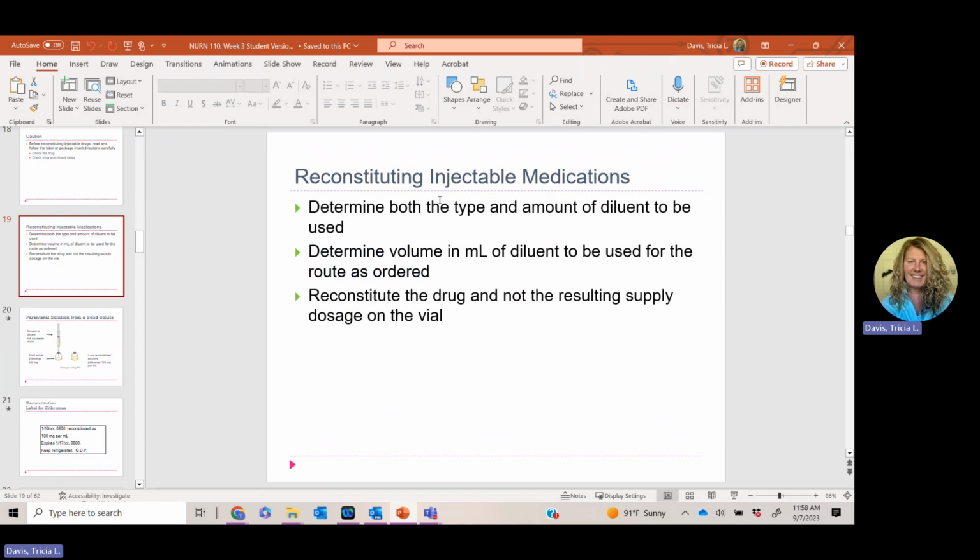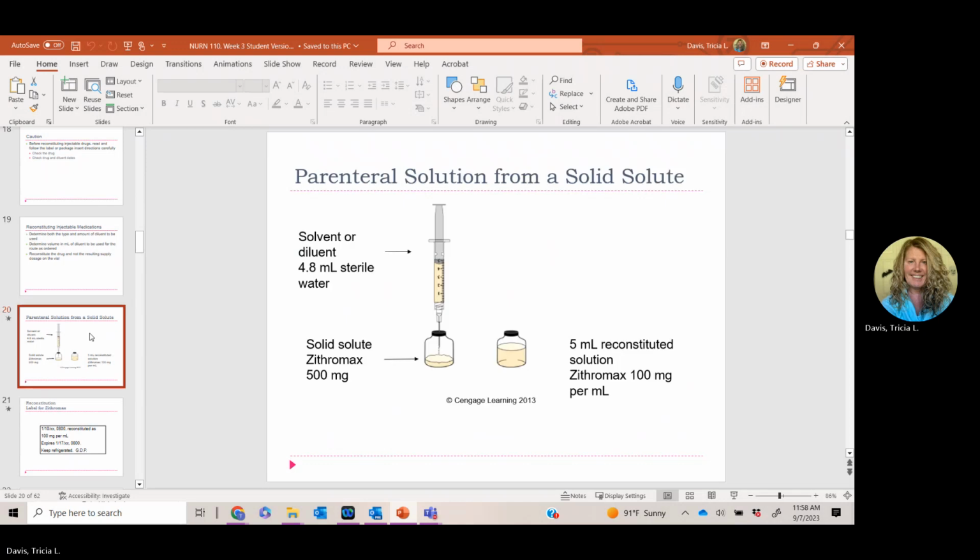So we're going to determine both the type and the amount of the diluent that's going to be used. We're going to determine the volume in mLs of the dilutant that we need to use for the route as ordered, and then we will reconstitute that drug and note the resulting supply dosage on the vial. So we have to follow the instructions.